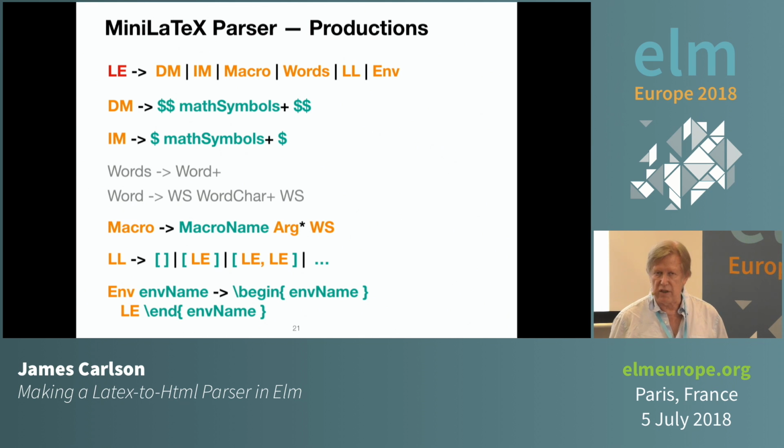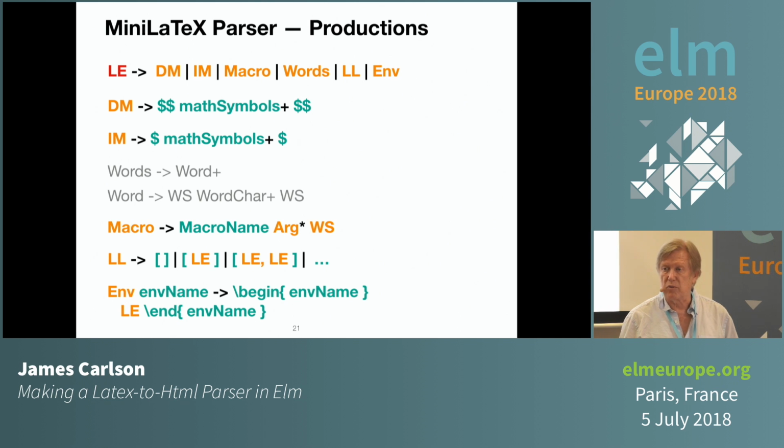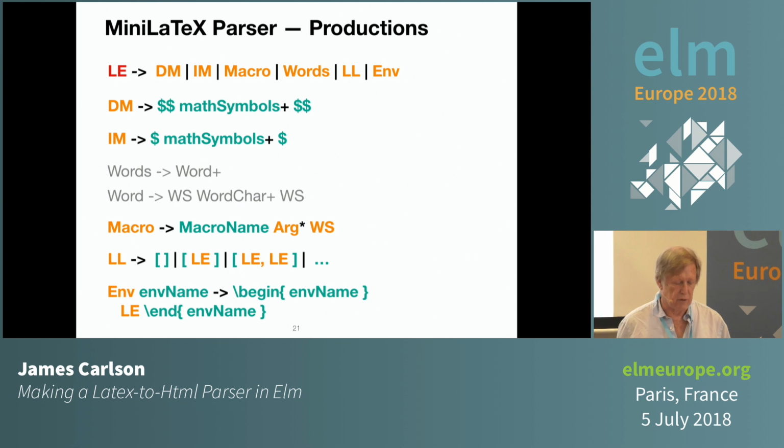That's the signal that this is a context-sensitive grammar. So env is a non-terminal symbol. Env name stands for some terminal symbol like theorem or proof or joke or quote or whatever. Okay? So that the stuff on the left produces a begin-end pair, which is named, and enclosing an arbitrary LaTeX expression.